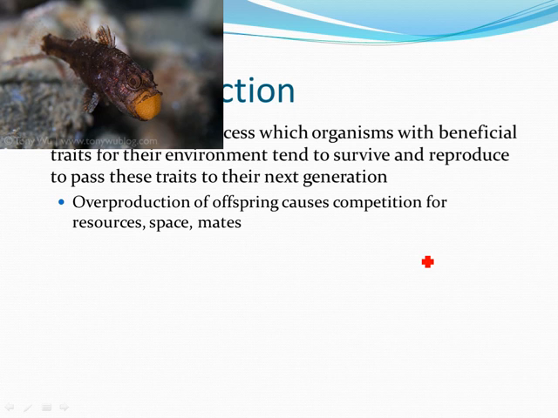And not only that, sometimes by having this overpopulation, we end up having competition between each other as well. There will be a limited amount of resources and space for these organisms to live in, and a limited amount of mates as well. So then they'll have to compete against each other.